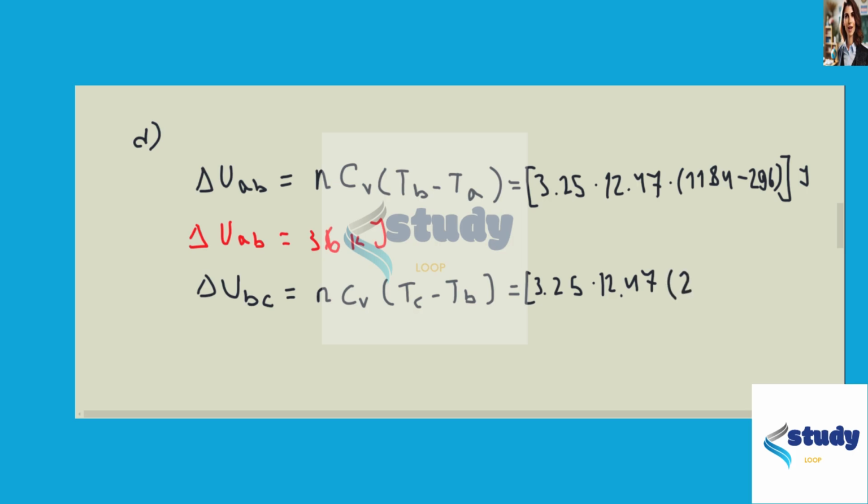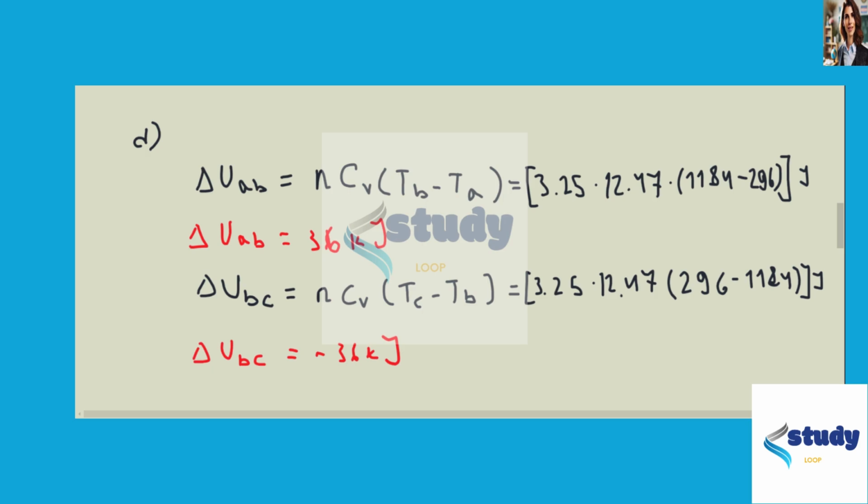Just we will invert the temperature subtraction, so it will be the lower temperature minus the higher temperature. And we can observe immediately that delta U_BC will be equal to minus 36 kilojoules.